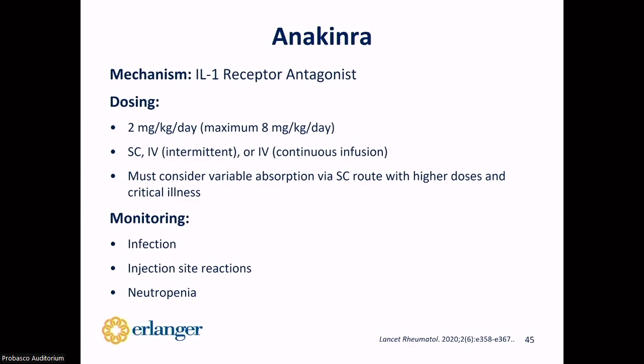Anakinra is an interleukin-1 receptor antagonist, and it's thought to help target some of that cytokine storm. For dosing, specifically in HLH, you start with about 2 milligrams per kilogram per day up to 8. And it can be given either sub-Q or IV, whether that's intermittent or continuous infusions. But one thing I challenge us as pharmacists to consider is the absorption that can oftentimes be variable given sub-Q routes in critical illness.